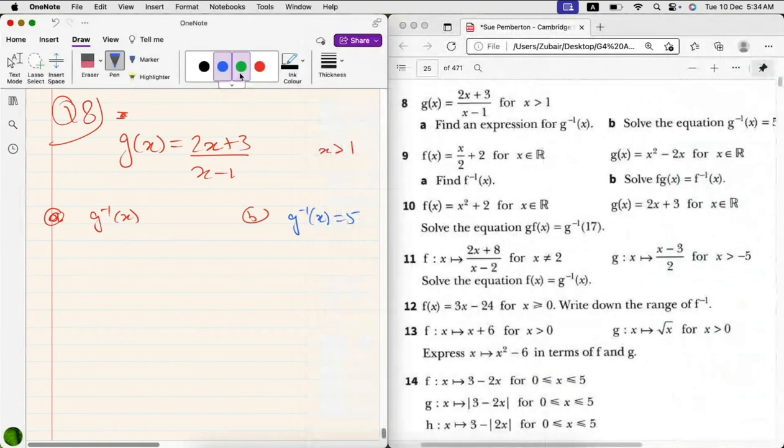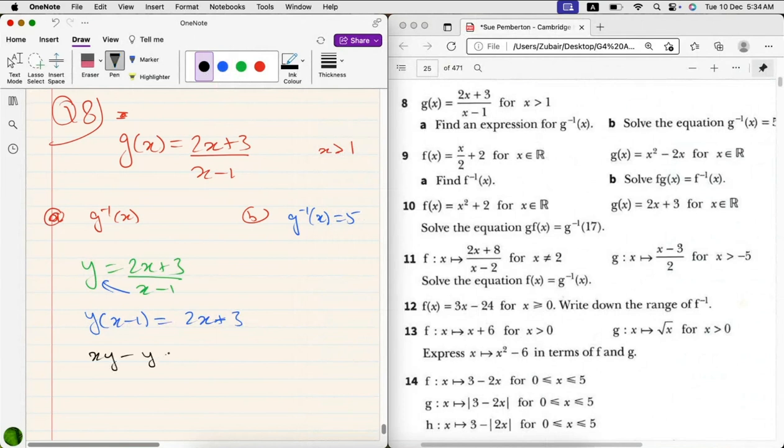See, step one, we equate that with y. Now, step two is making x the subject. So if I just cross multiply, in order to separate all the x, I'll have to multiply that inside to split them.